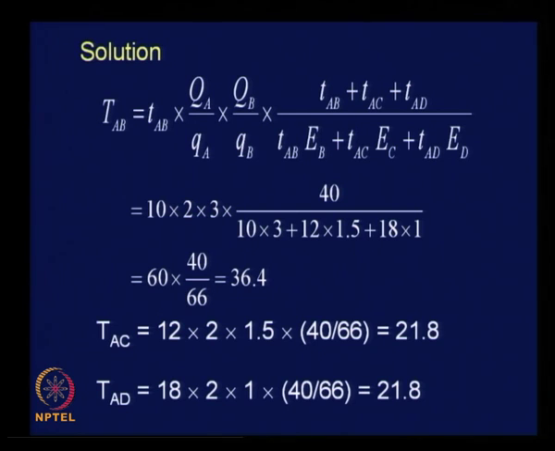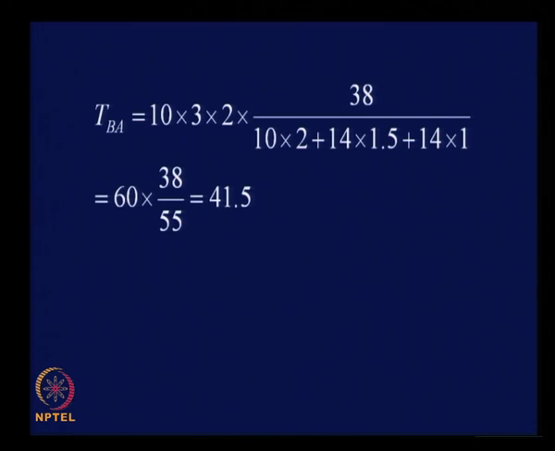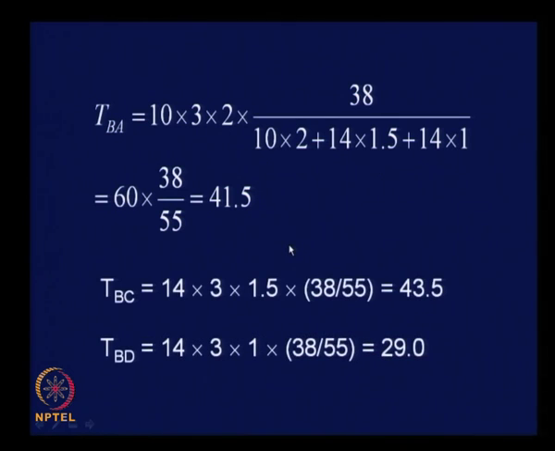On the same lines you just calculate the other trip interchanges, T_BA, substitute the corresponding values and we get 41.5 as T_BA, and other trips emanating from B, T_BC and T_BD are 43.5 and 29.0.